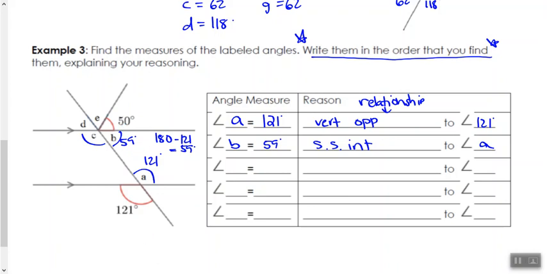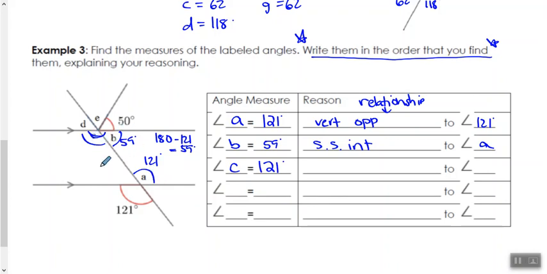Now, another thing that I can look at instead of the 50 is this 59 over here. So C and B are on a line. Ooh, look at that. Okay, so C and B are on a line, so they will add up to be 180 degrees. So I've already done my work over here. So 180 minus 59 is just going to be 121. Angle C is 121 degrees because it is supplementary.